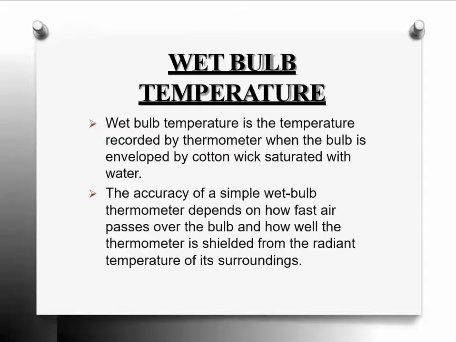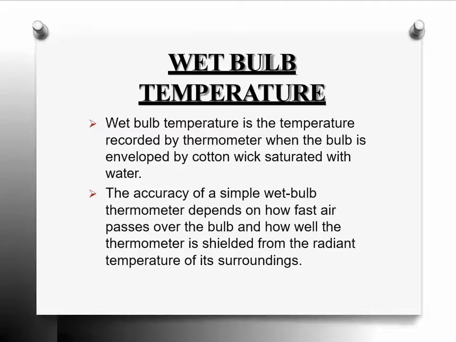Next we have the wet bulb temperature. The wet bulb temperature is the temperature recorded by a thermometer when the bulb is enveloped by a cotton wick saturated with water.